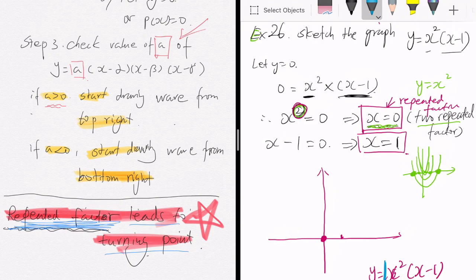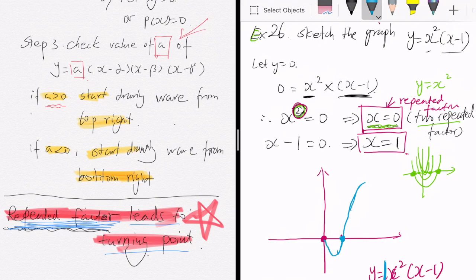Therefore the graph starts from the top right. This is my 2 points. I'm starting from here, going across my x equal to 1 x-intercept, and here is my next intercept, x equal to 0. So I know I'm going to come back.